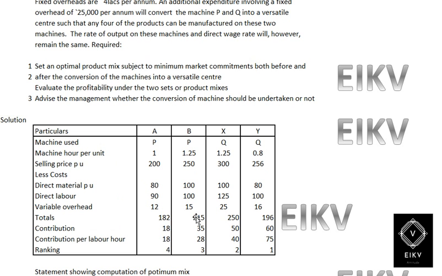After taking the total cost, we subtract it from the sales to get the contribution. After getting the contribution, we divide it by the machine hours to get contribution per hour.